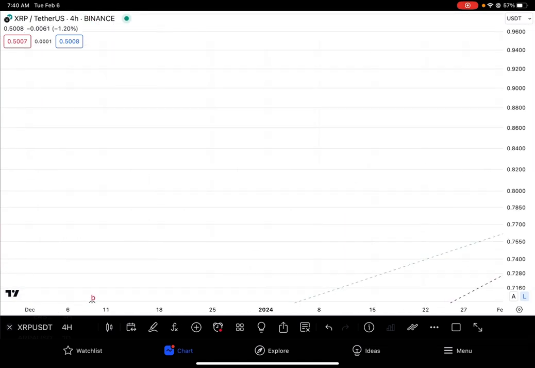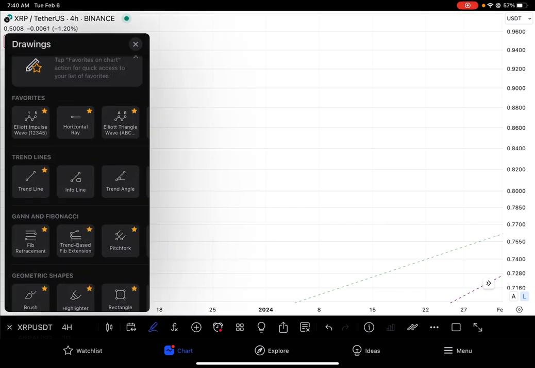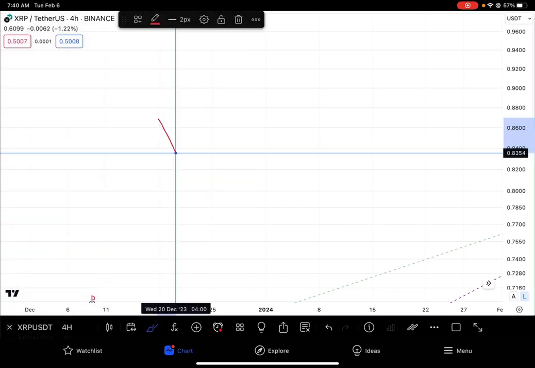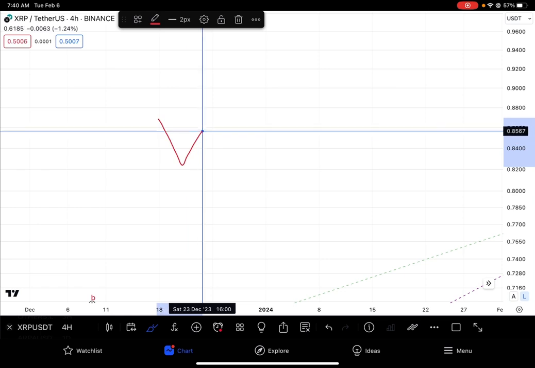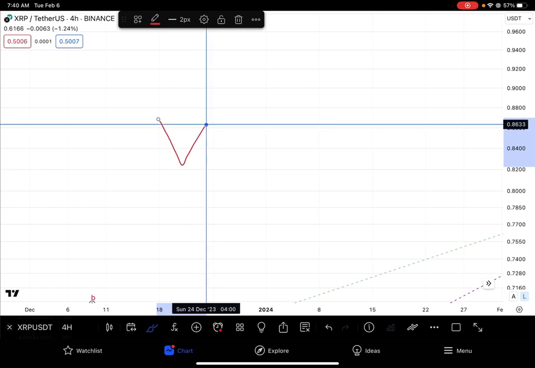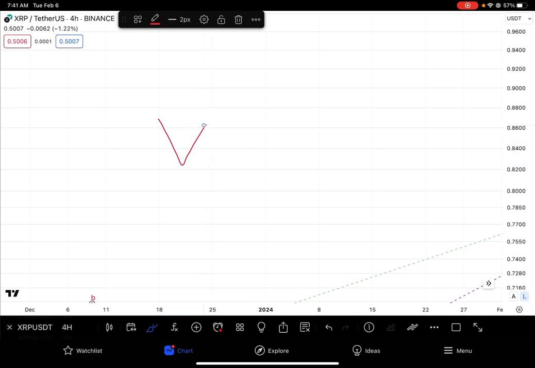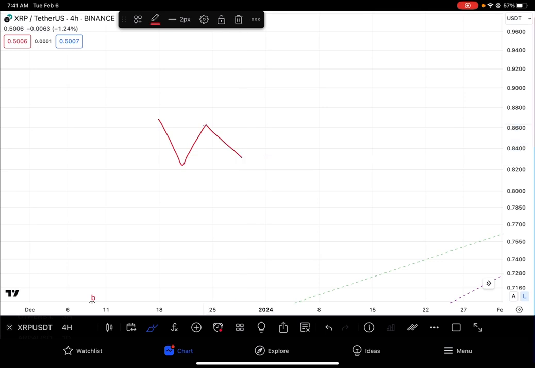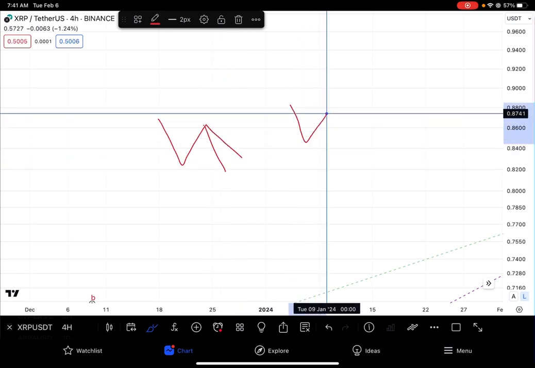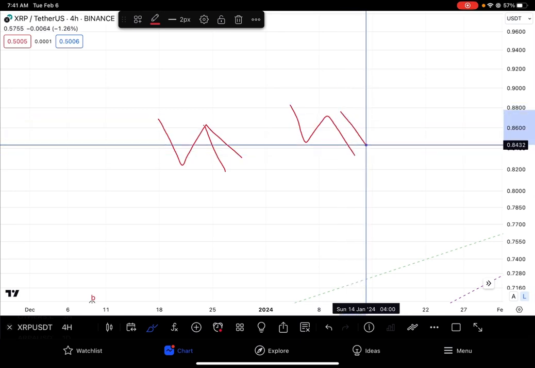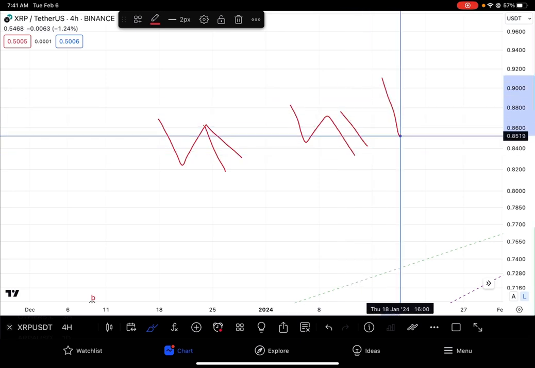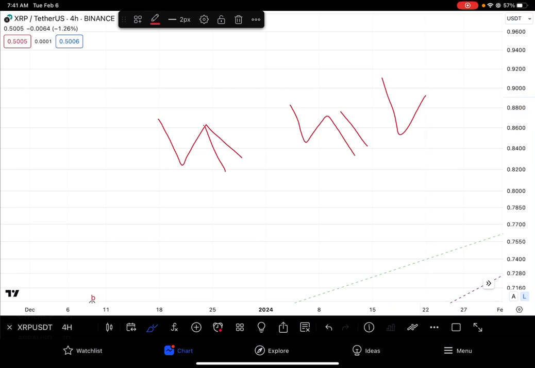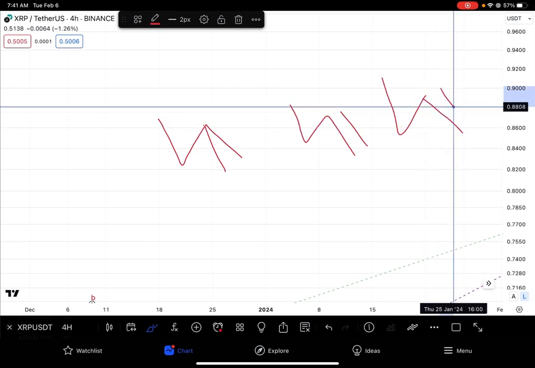Okay, so usually when you have a C wave in a flat pattern or a WXY correction, you're often going to see the price start to form a broadening wedge, or you often see the price start to channel. Or you may even see a falling wedge.